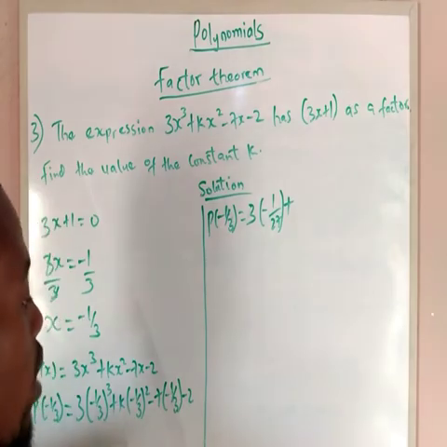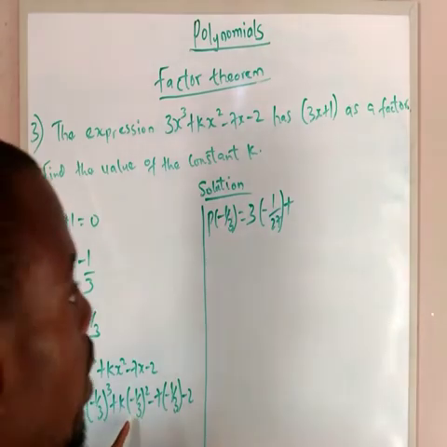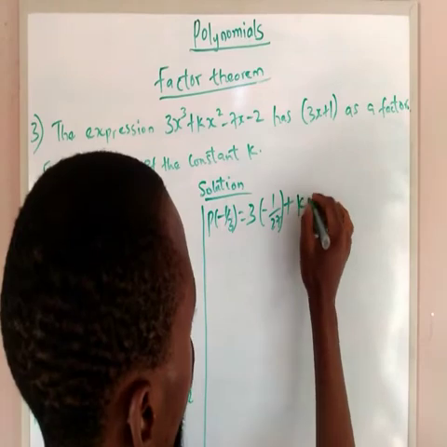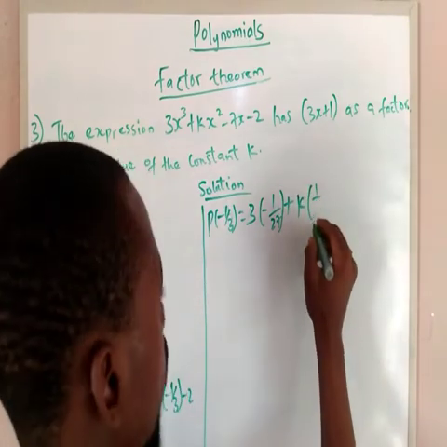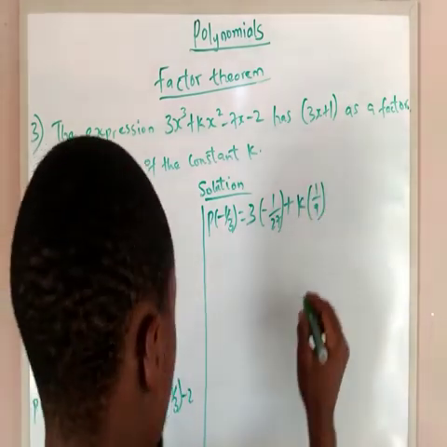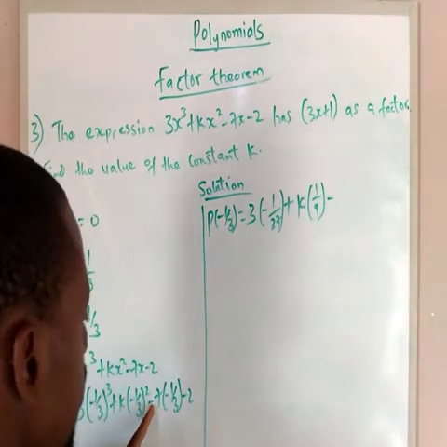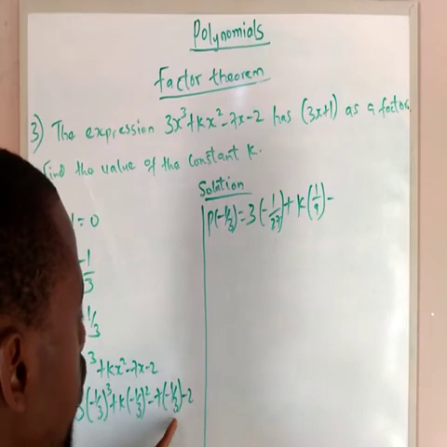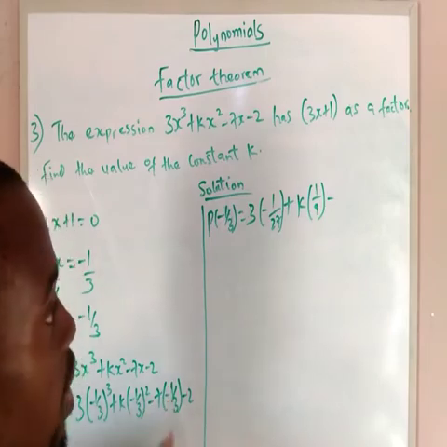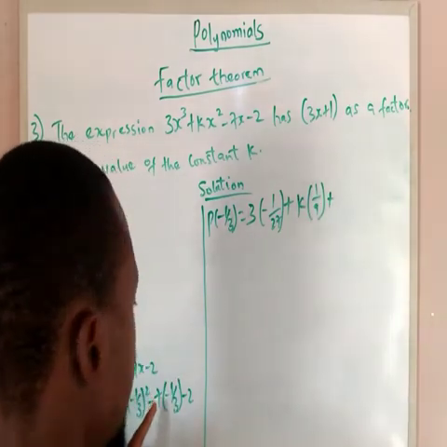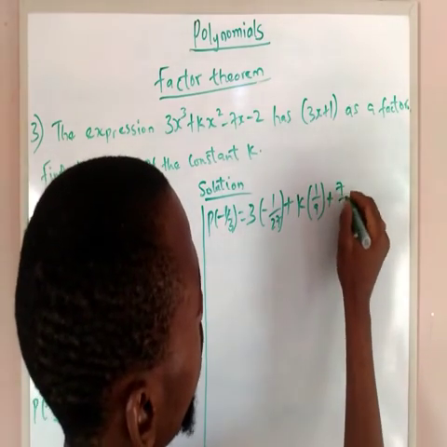So we have 1 squared, that will be 1, k into bracket 1 divided by 3 squared, that will be 9, minus 7 multiplied by minus 1 over 3. Minus times minus gives plus, so we have 7 over 3.